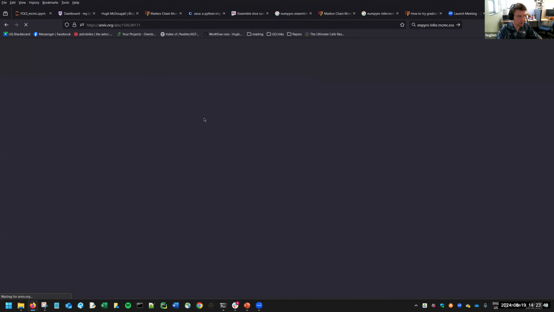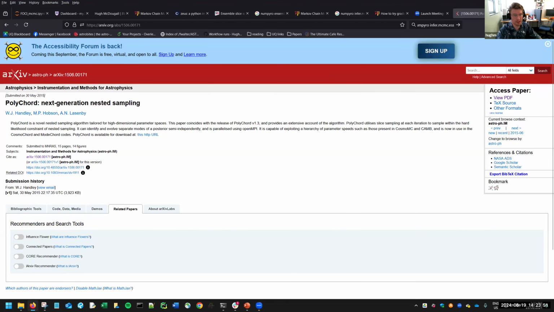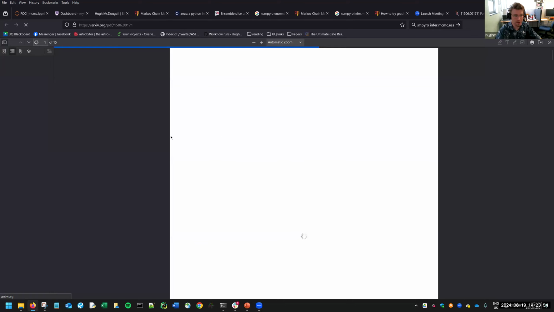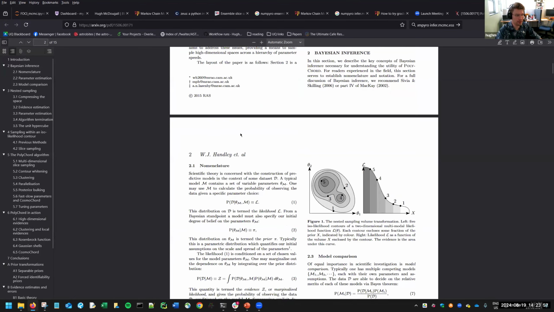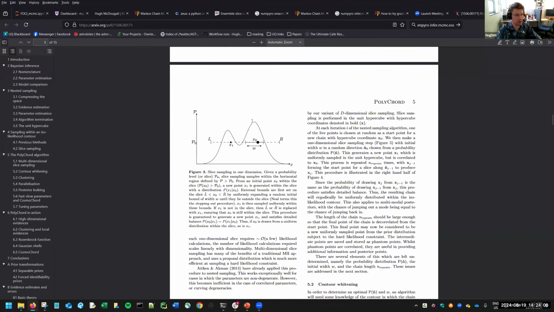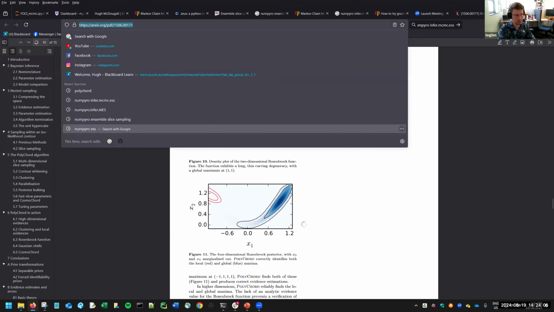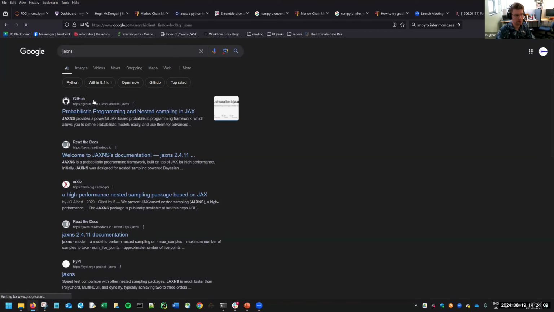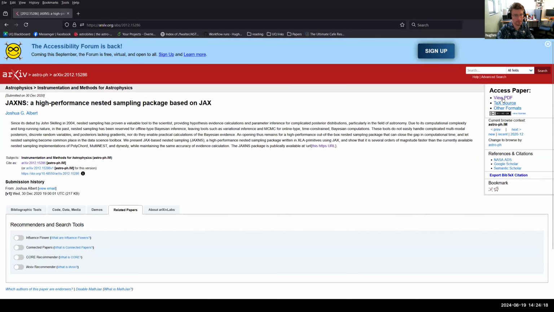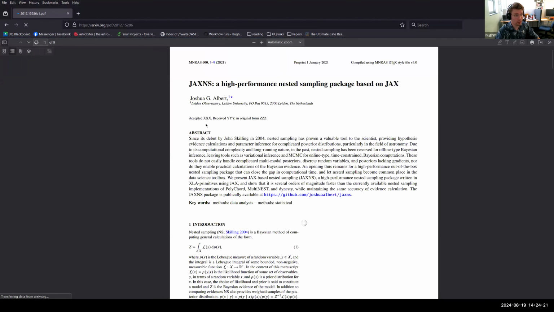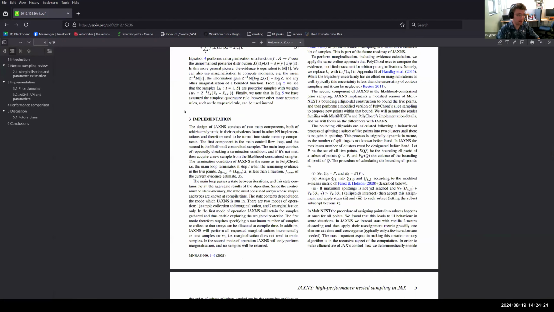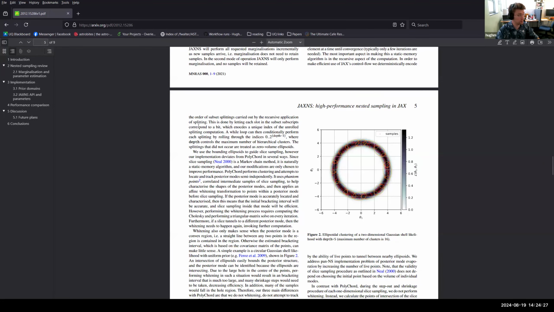Here we go. PolyChord is one of the most popular nested samplers. So this is like JAX NS, the one that plugs directly into NumPyro.